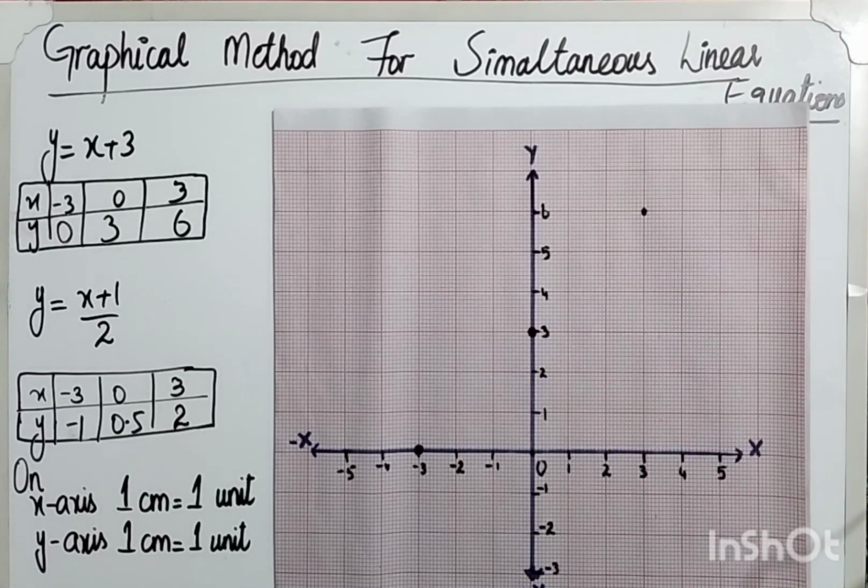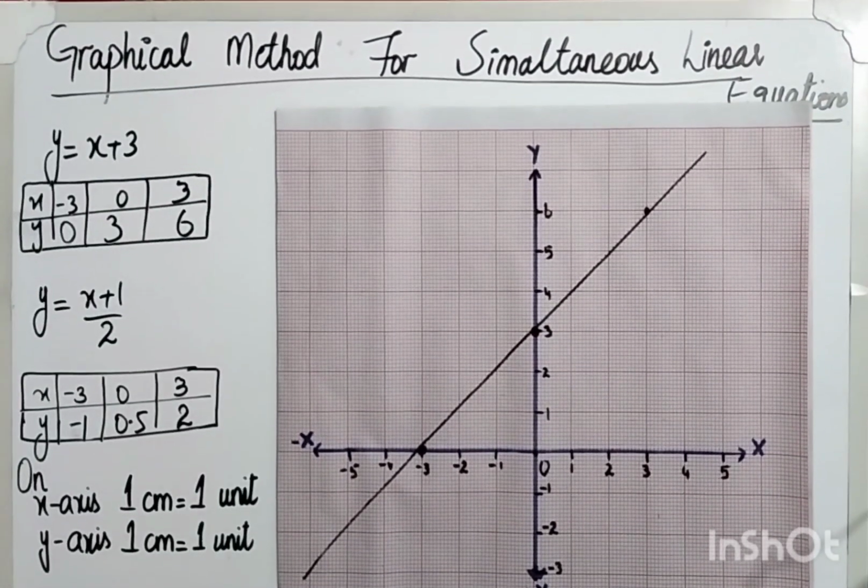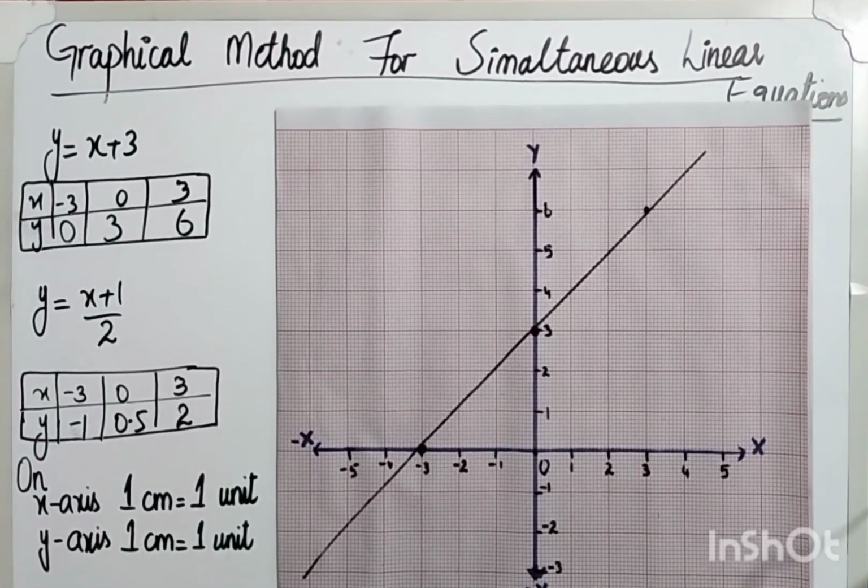So these are my first equation's points. Now I am going to join them to get a straight line. So this is the graph of the first equation, that is y equals to x plus 3.